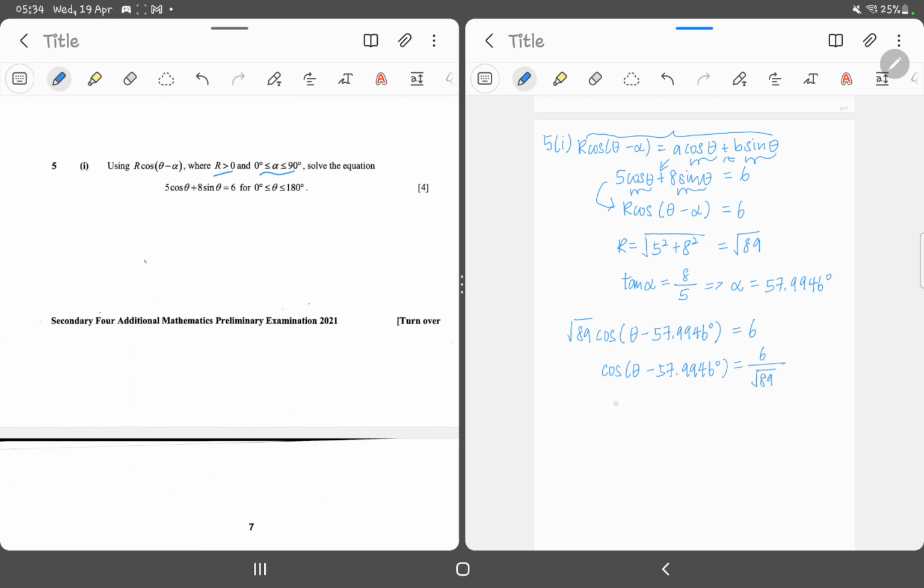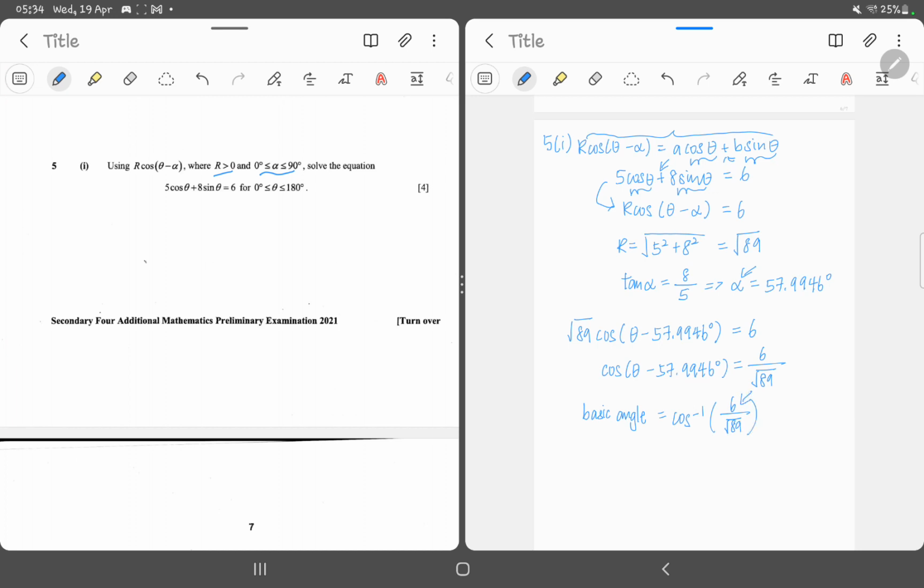Then my basic angle, I shouldn't write alpha here because it's being used already, so I'm going to write basic angle equals cosine inverse of 6 over square root 89.